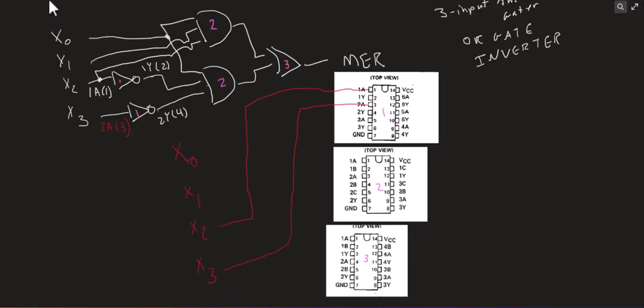Okay, so now I have my 3 inputs into this top AND gate, and those will be 1A, 1B, and 1C. So 1A, 1B, and 1C. And those are pins 1, 2, and 13.